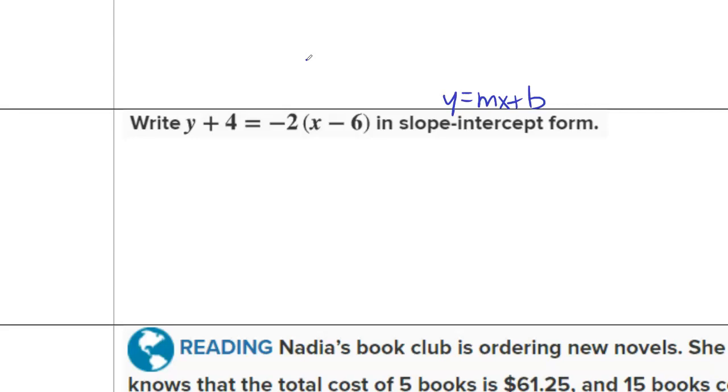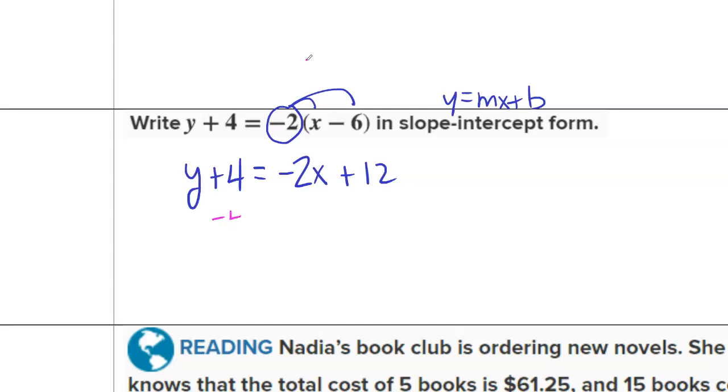Well, all that means is we're going to distribute and then solve for y. That's it. So there's a two-step process here. We're going to take our slope and we're going to distribute. So this is going to be negative 2x. This will be plus 12, negative 2 times negative 6. And then we get y plus 4 on the other side.